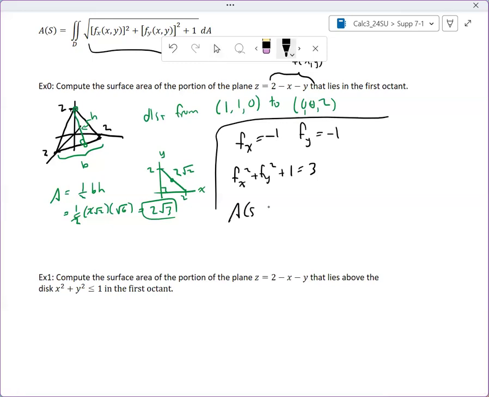So for the area of our surface, it's the double integral of square root of 3 dA, or this is just square root of 3 times the area of the region over which we're integrating, which is just the area of this triangle. So it's square root of 3 times 1/2 times the base width of 2 times the height of 2. It is 2 root 3.